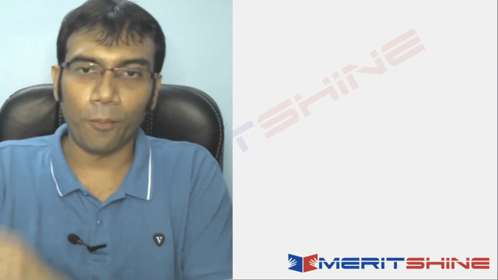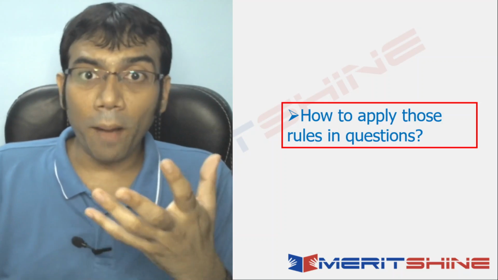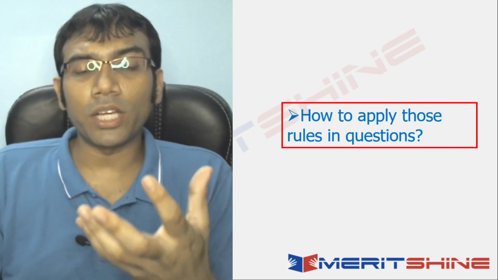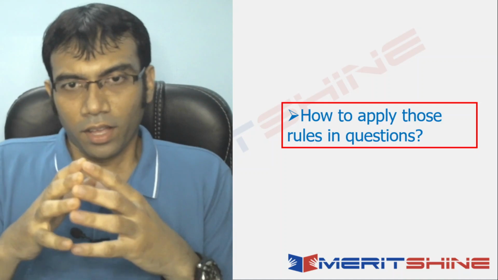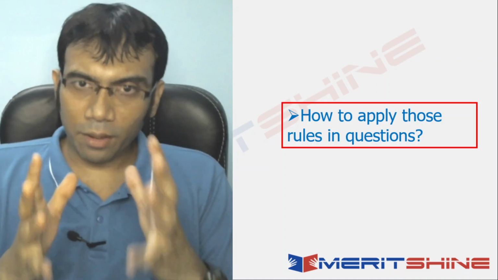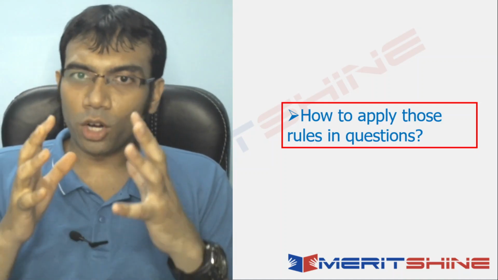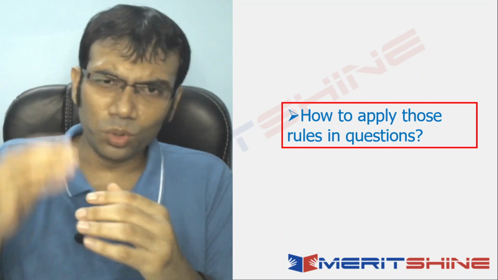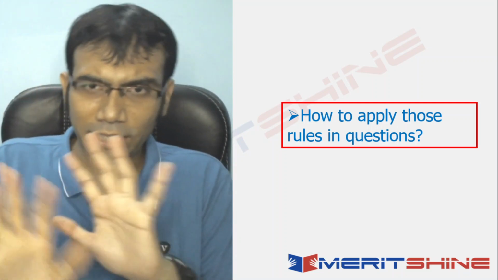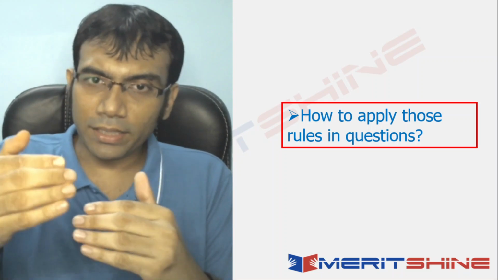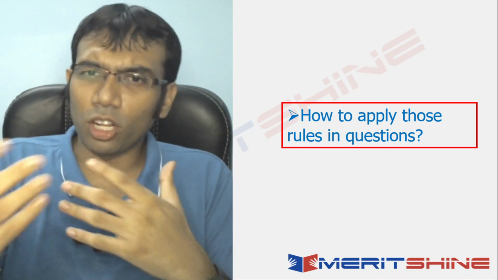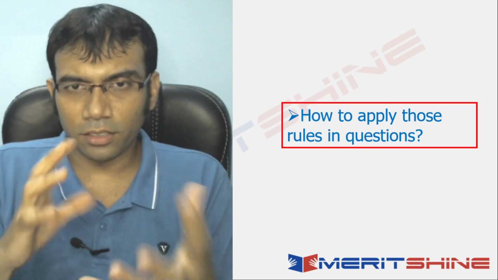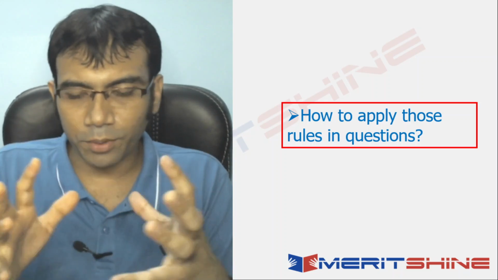Tick. Now, the next is how to apply those rules in questions. You went through the grammar playlist of Merit Shine, you got 40 concepts, right? You do not need to remember those 1,000 rules, that is clear to you now. But the 40 concepts, let's call them concepts rather than rules, so that you have a differentiator between them.